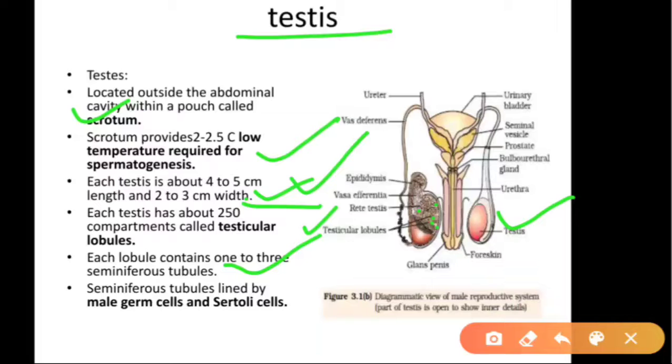Right? Here you can see the seminiferous tubules. If we see the TS in the next slide, there are two types of cells within the seminiferous tubules: male germ cells and Sertoli cells.